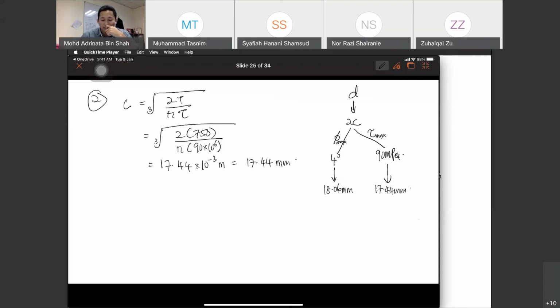Why do we need to choose 18.06 rather than 17.44? Kenapa? Kalau kita pilih 18, kenapa 18? Kalau kita pilih 17, kenapa 17? Why? 18 versus 17.44.